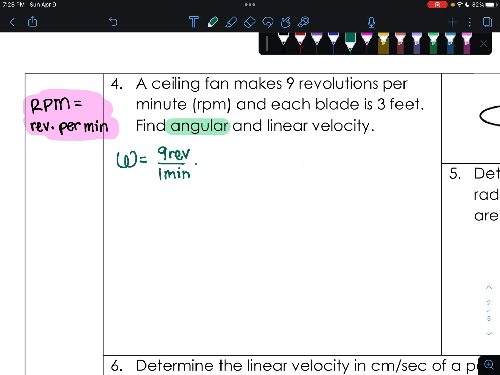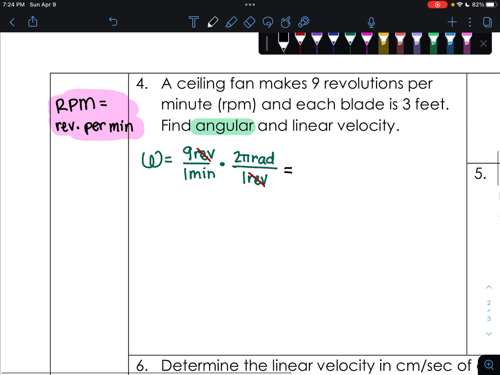So I'm going to multiply by 2 pi radians over 1 revolution. So all I have to do is make sure that my revolutions cancel out. I multiply across. 9 times 2 pi is 18 pi. Let me go back to my color. And it would be radians per minute.